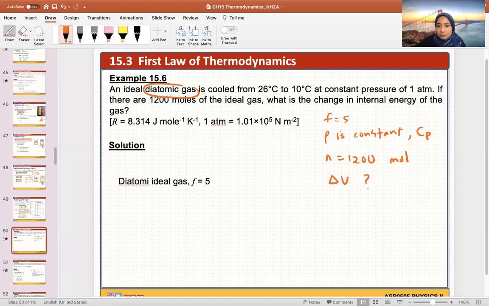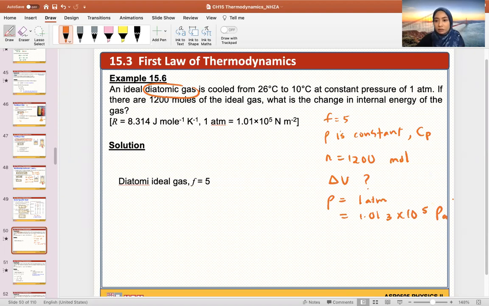P is constant. P is equal to 1 atm, but you need to convert it to Pascal to use it in the equation. So this is 1.013 times 10 to the 5 Pascal, or Newton per meter square, same thing. So that is your pressure.